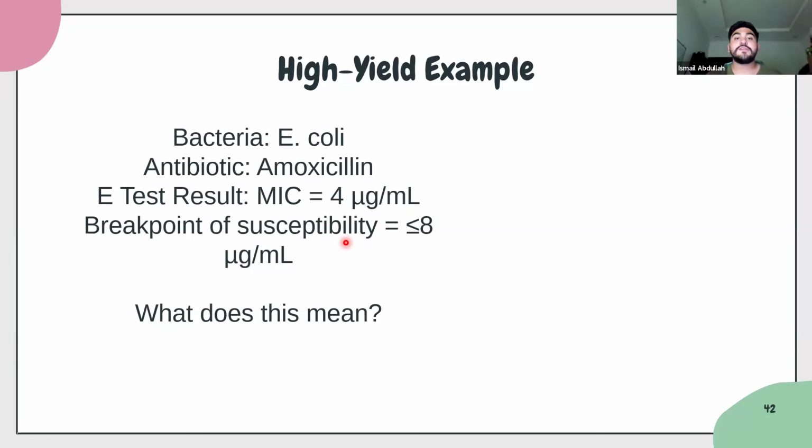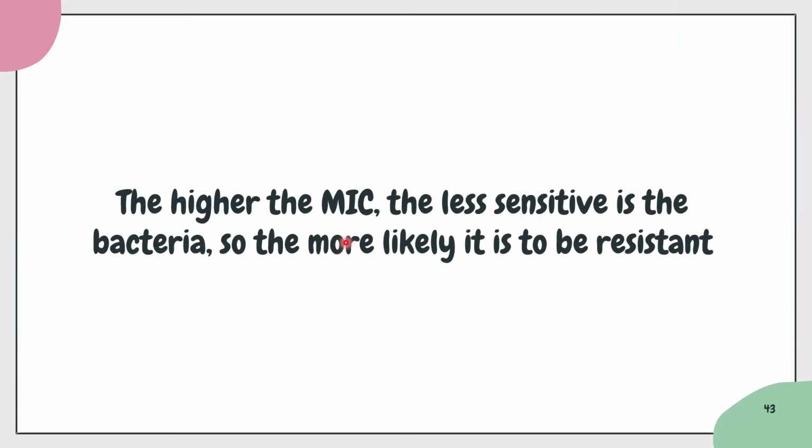But if I need a concentration of more than 8 to kill these colonies, this means that this bacteria is starting to develop resistance. It means I have to add more and more of the antibiotic to make sure everything is killed. This is a sign of resistance. Okay? All good? Yes, clear. Thank you. Okay, alhamdulillah.